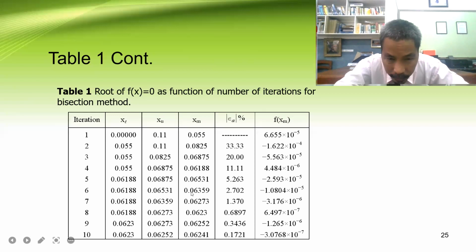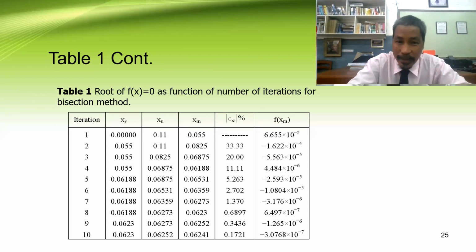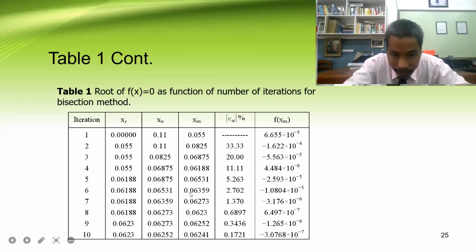This value, 0.06359, is not very accurate. We can only be sure that 0.06 is correct, but we don't know if 359 are also correct. That is the meaning of this.